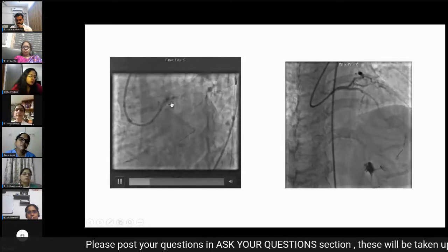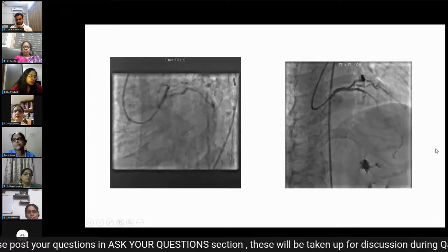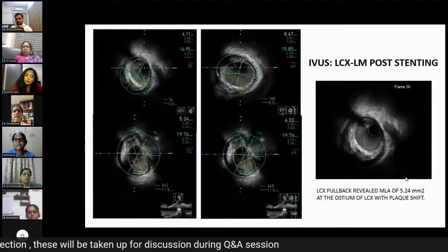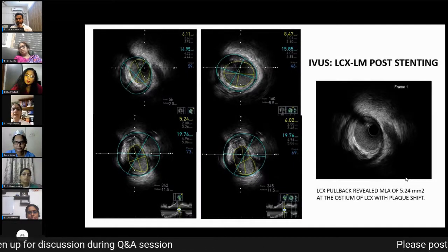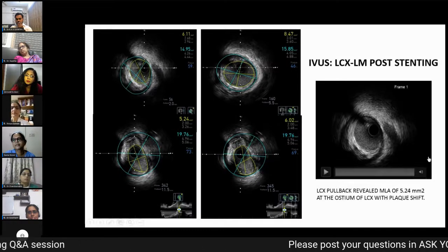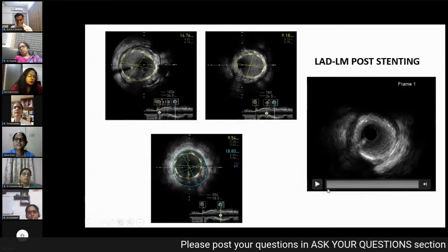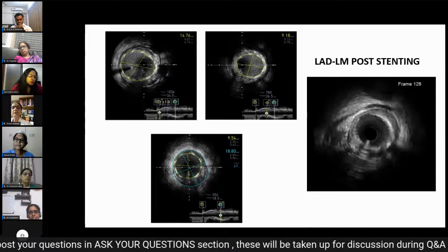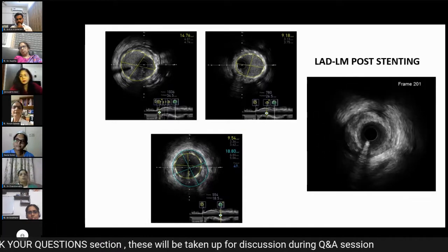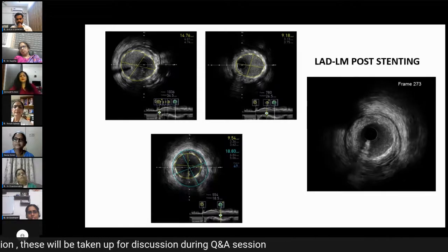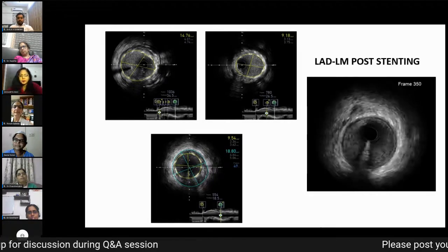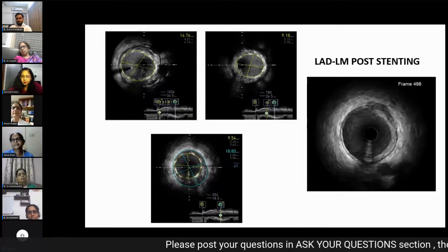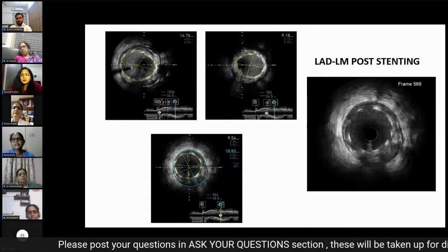The circumflex ostium seemed a little hazy, though LAD looks good. So we went ahead and did an IVUS. Okay, so this is from the LAD. Stent landed good.